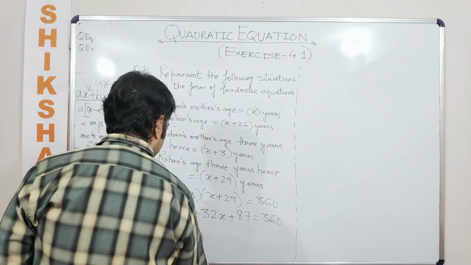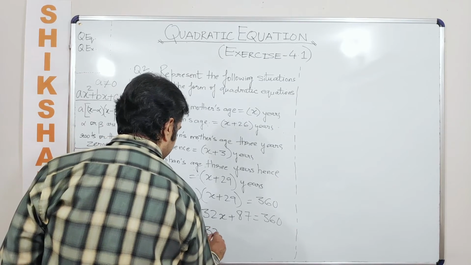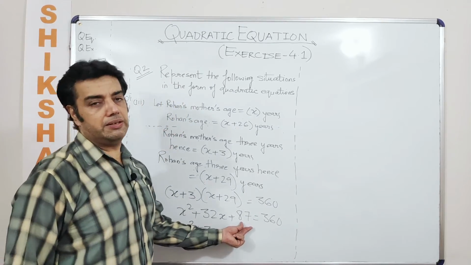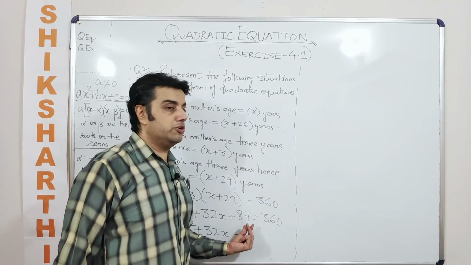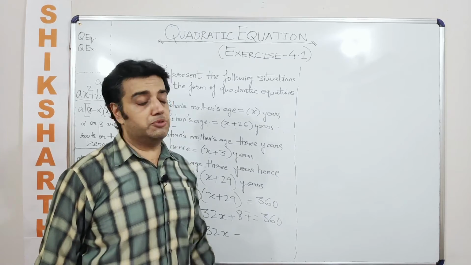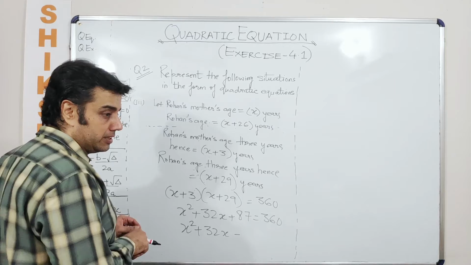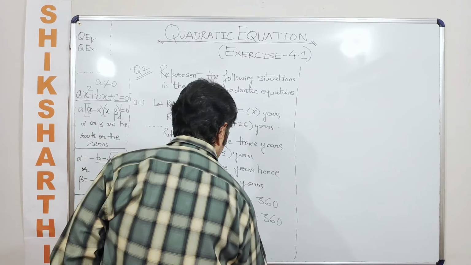Okay, so x square plus 32x minus how much? I'm sorry, 360 minus 87 gives me 273.